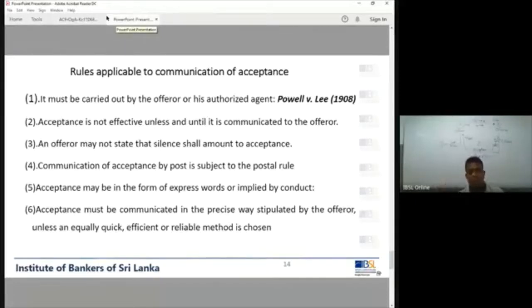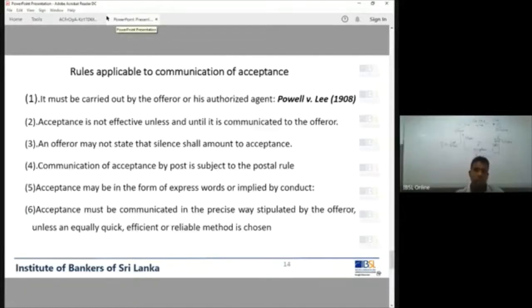So, for example, instead of sending a letter, you can send a telegram. That is quick and also as reliable as the postal letter. Likewise, the offeree can choose an equally quick, efficient, and reliable method to communicate the acceptance.